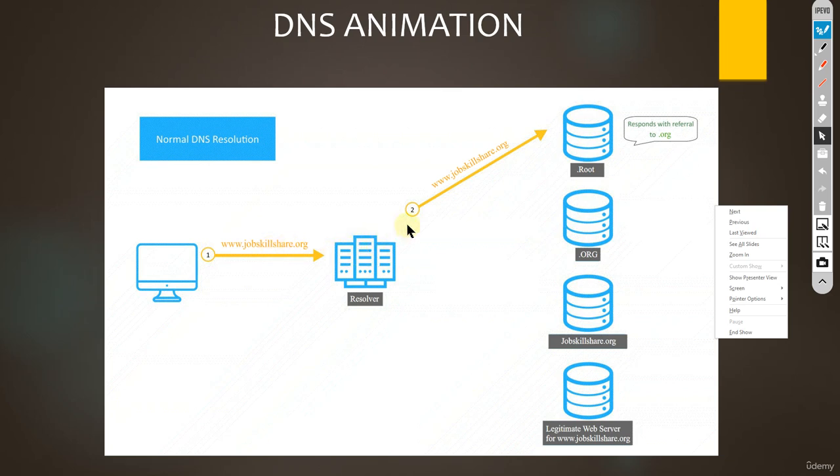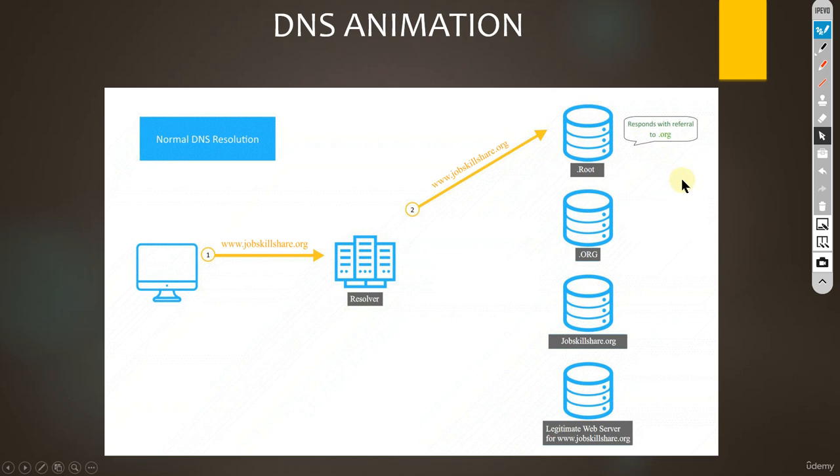It will send information to where? The root server. Okay, this is the root server, dot root. Respond with referral to dot org, because we are looking for job skill share under the sub level domain of dot org. Okay, so root will look into it and it will say, yeah, you need to go where? To the org server.